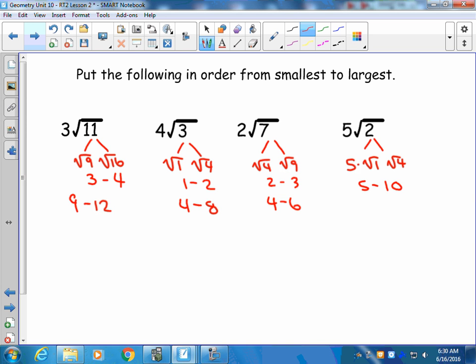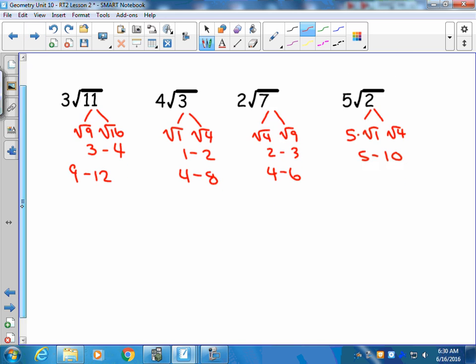Okay, so now we've got our estimation values. We can tell pretty much 3 square root of 11 is going to be our largest value just based on the range, and looking at where that value lies helps us know, is it going to be on the low end or on the upper end of the values.